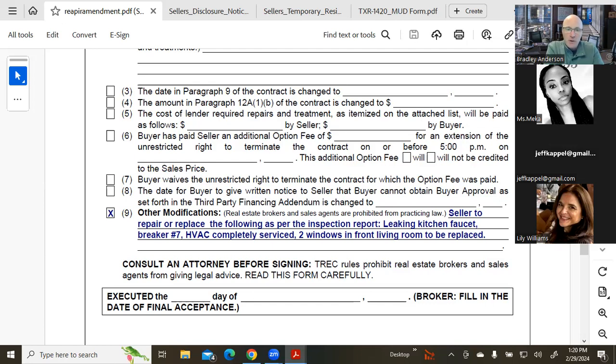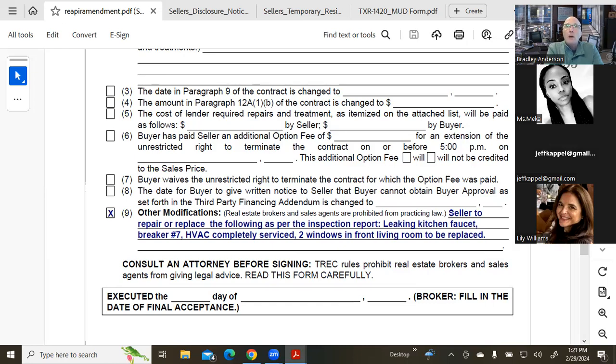Servicing the AC unit may have a different meaning for the seller than it does for the buyer. Leaking kitchen faucet even might be too vague if there's another faucet in there, or if the pipe below the sink is the thing that's dripping. You need to be painfully specific because you don't want any gray area in terms of what the buyer really meant.